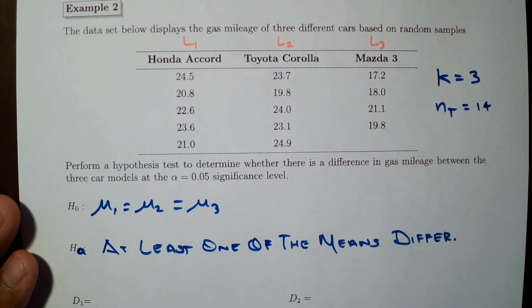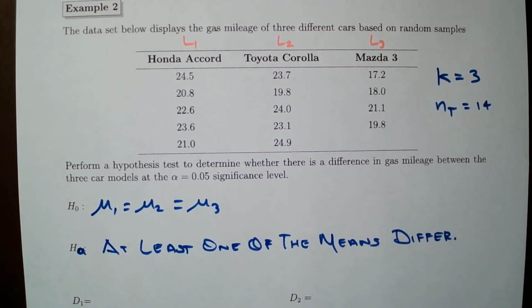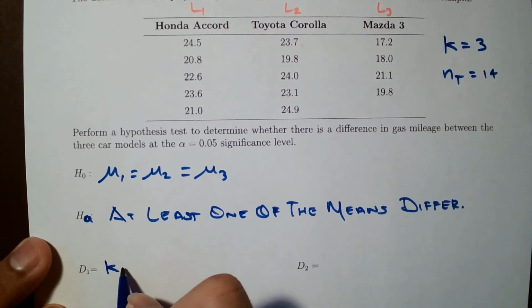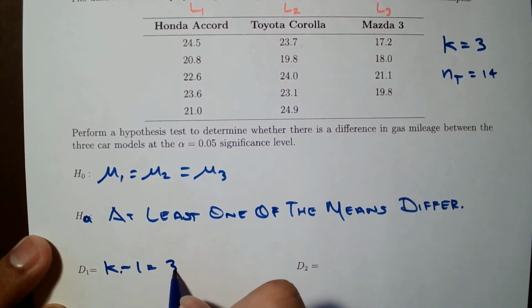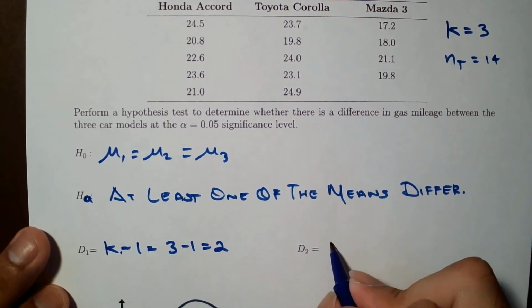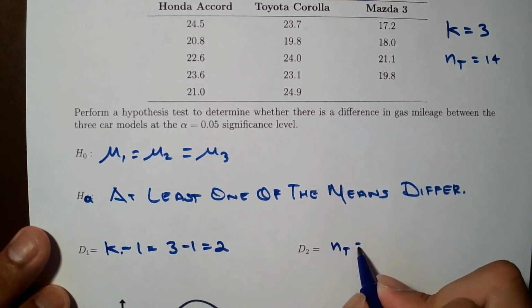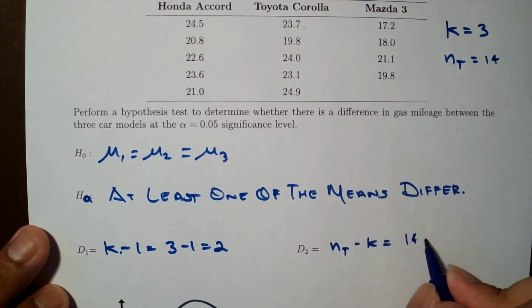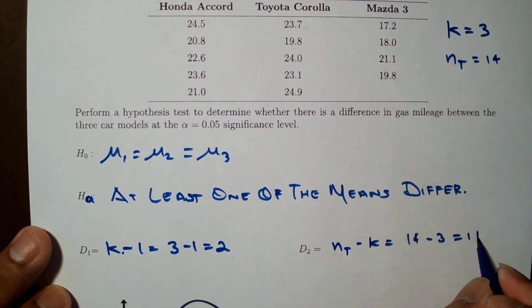All right, so let's calculate the degrees of freedom. d1 is k minus 1, which in this case 3 minus 1 is going to be 2. d2, which is nt minus k, so that's 14 minus 3, which equals 11.